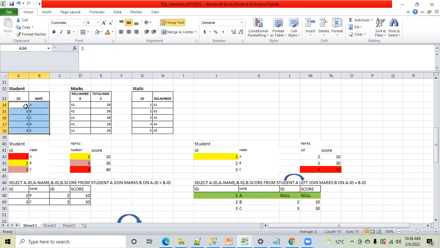Here the data is 1, 2, 3, 4, 5, but here the data is different. You cannot join this. That is why we have taken the help of a static table. If the data is not the same, then you have to take the help of a third table. Okay, got it.